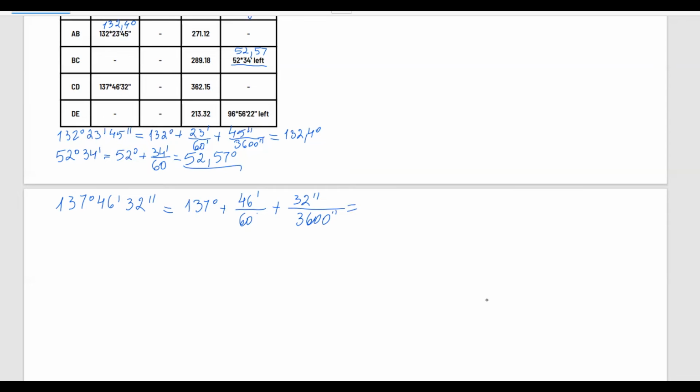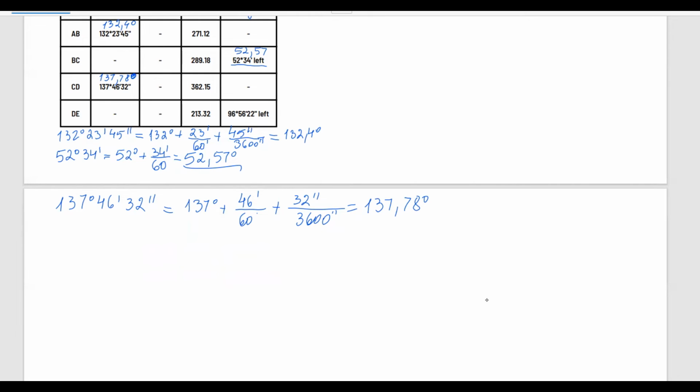Now let's see, what do we get here? We add that up, and then adding 137, this angle is going to be equal to 137.775. I'll just do 78, round it up like that. So this is 137.78 degrees.